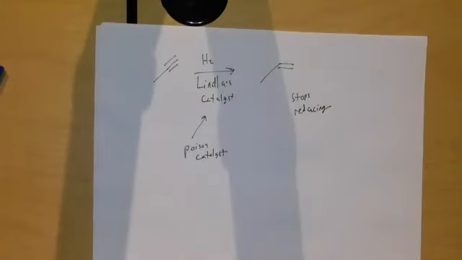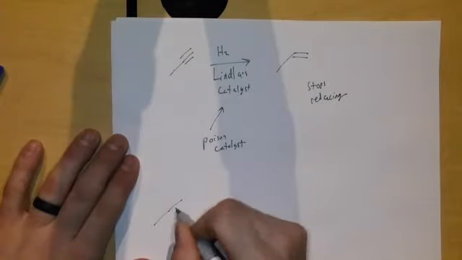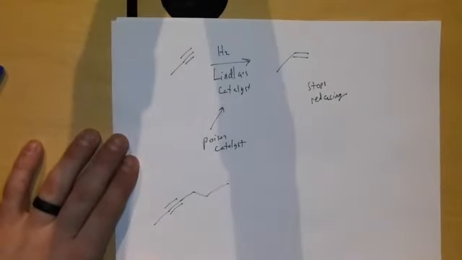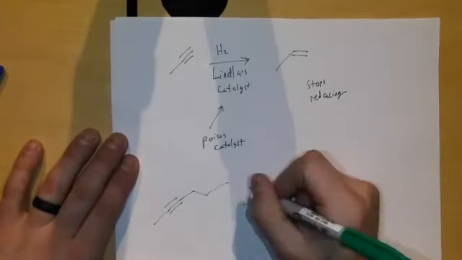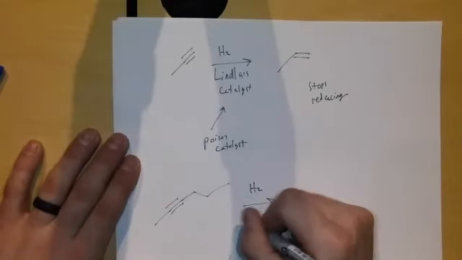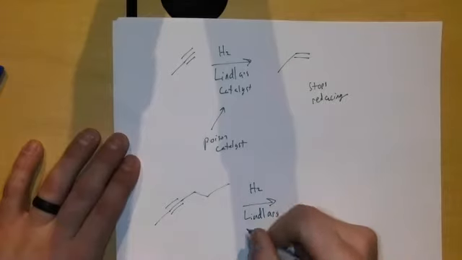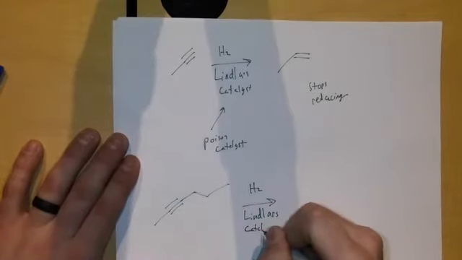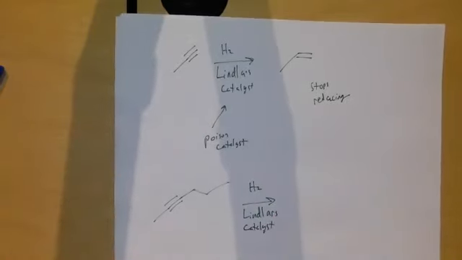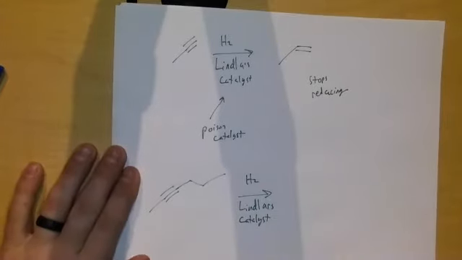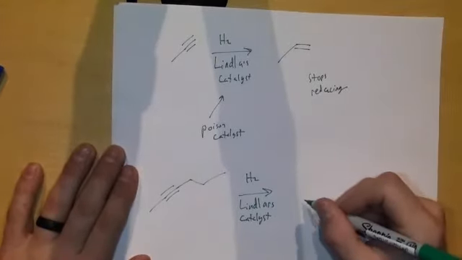So if we have something larger, and like I said, you add them to the same face. So when you add in this H2 and Lindlar's catalyst, you're going to end up getting a cis double bond.